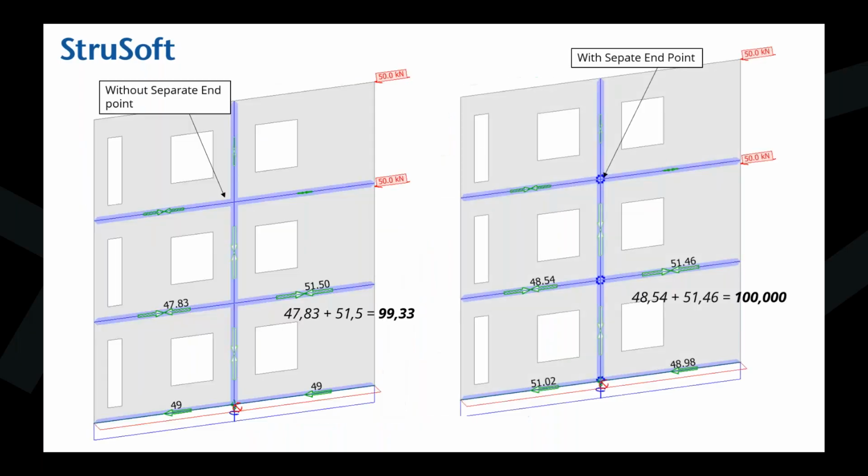Let's look at the second use case of separate endpoints. On the left hand side, you don't have any separate endpoints, and if you sum up these two shear forces of the walls, they do not add up to the total shear force of the wall. And in FEM-Design, because you're using edge connection, the difference is not big. But if you're using some other finite element software where there's no separate topology between the walls, it can be big because the edge node will belong to both walls.